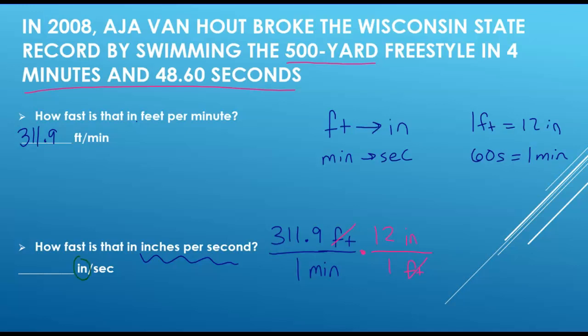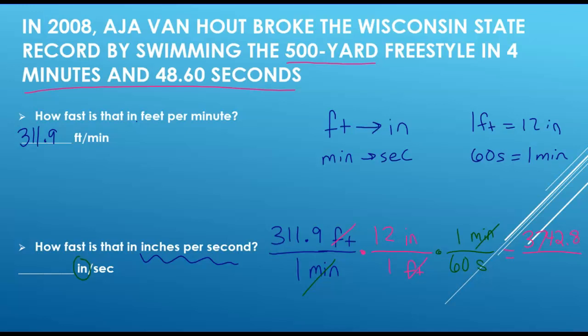That's what we want. Now, the seconds, we need the minutes to cancel. Since minutes are on bottom, we need minutes on top. And then we'll have seconds if we write 60 seconds is 1 minute. Now we're ready to finish. 311.9 times 12, and then we'll just end up dividing by 60, but 3742.8.